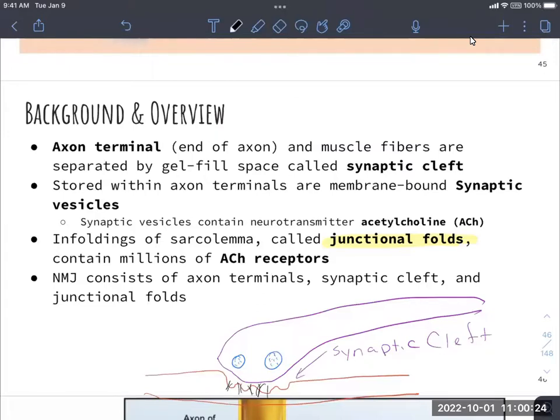These are all acetylcholine ion channels. They have little receptor sites here, little ligand connection sites. Every one of these has a ligand connecting site, also known as an acetylcholine receptor.